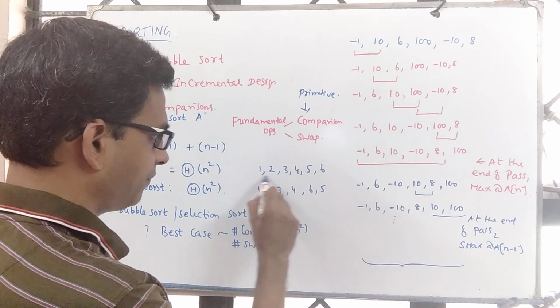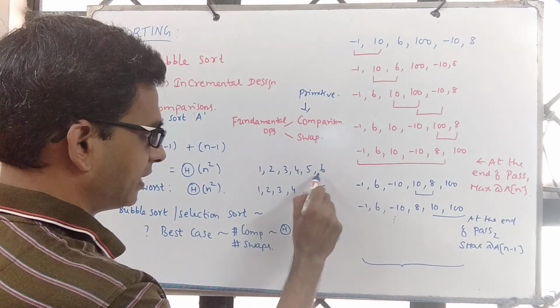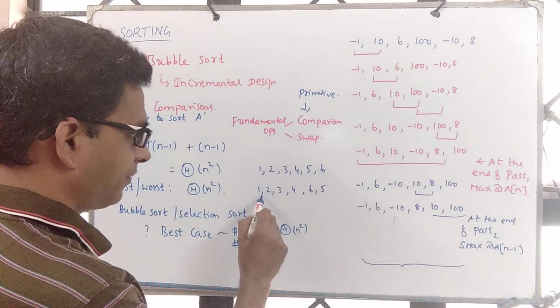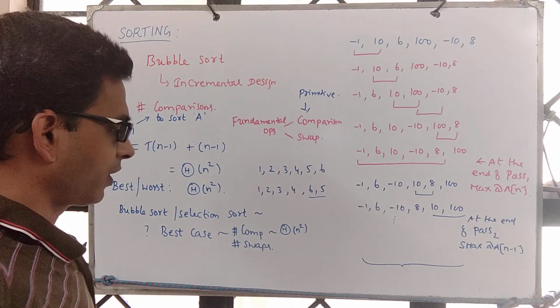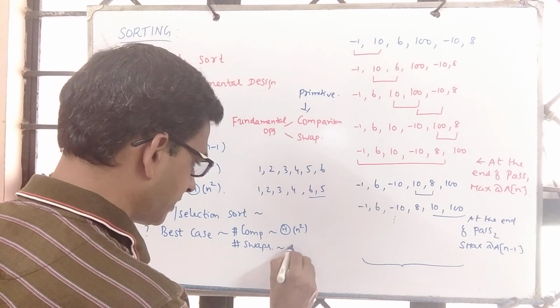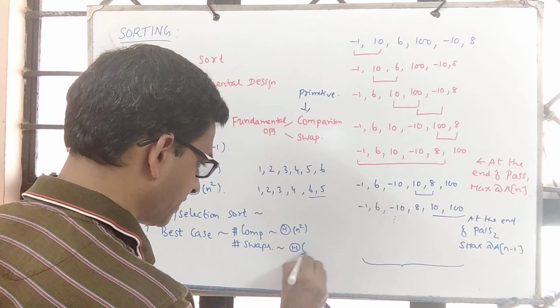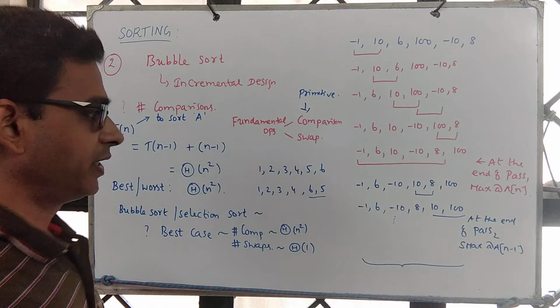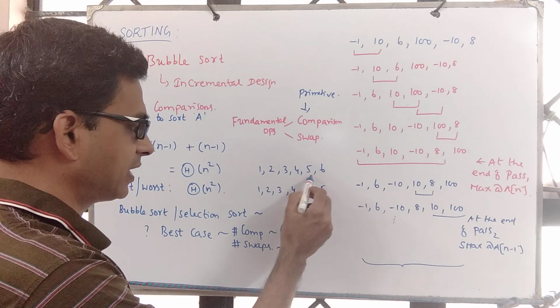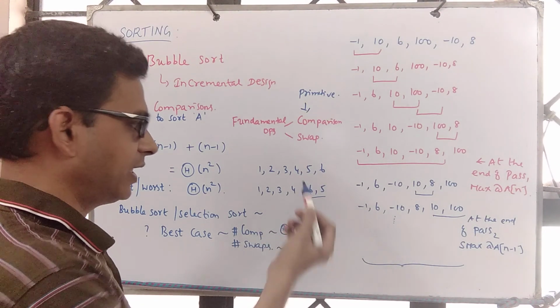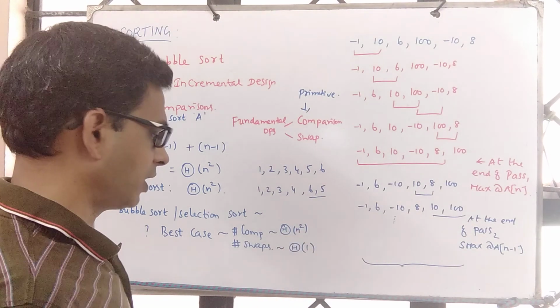For example, if this is the case, there is no swap at all. If this is the case, yes, we swap over here. So the number of swaps is some constant. In some cases it is 0. For example, if the input is already sorted, there is no swap at all.